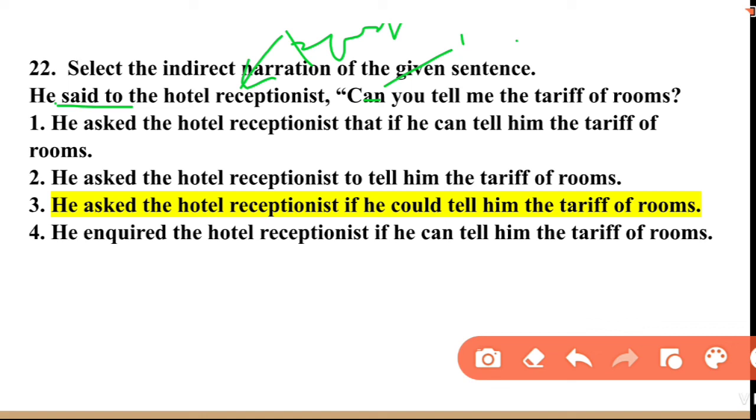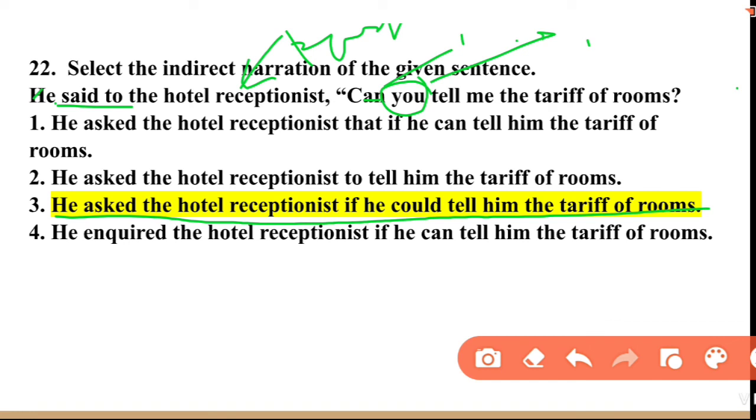So he asked the hotel receptionist if he could tell him the tariff of rooms.